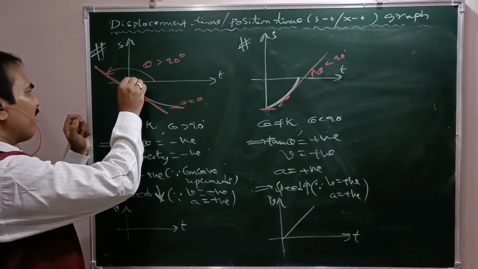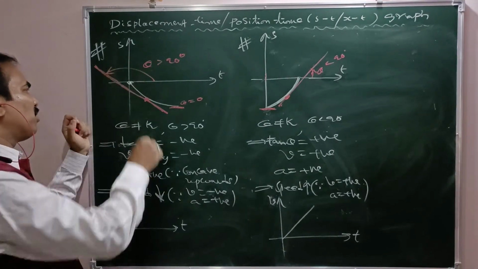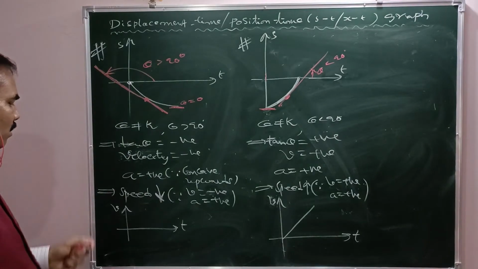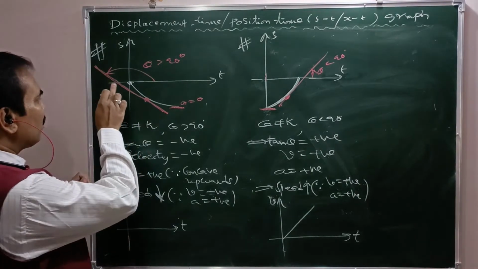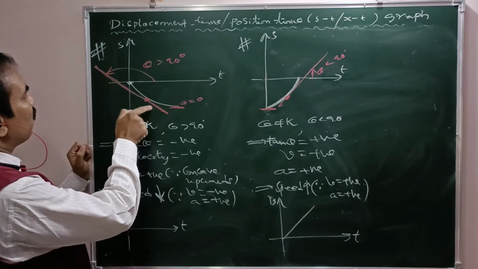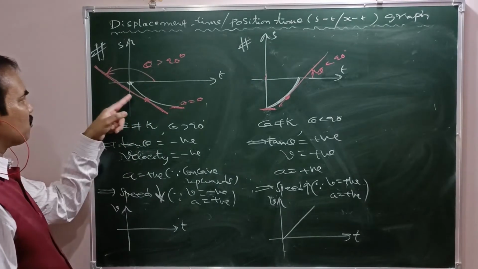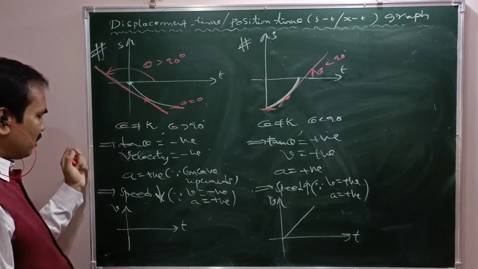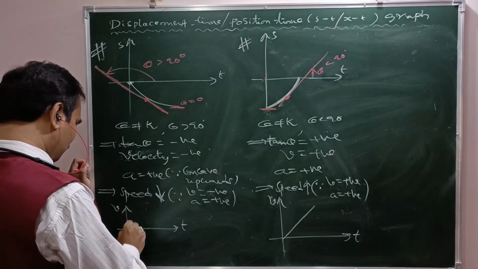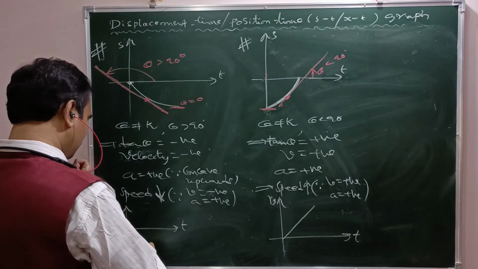Yes, the graph has a finite slope at t equal to 0, but it is negative. Later on, what happens here? The slope is negative, but the slope increases at a constant rate.